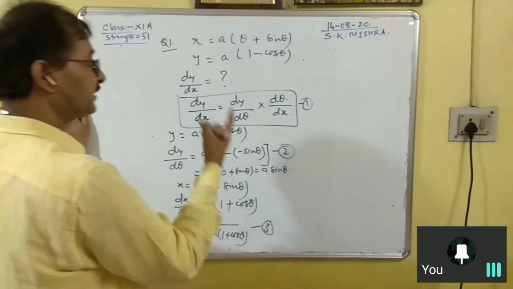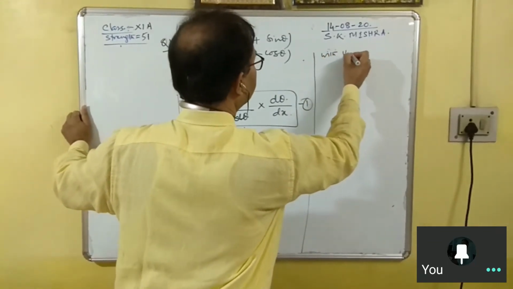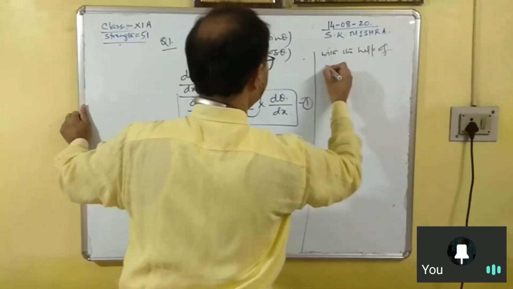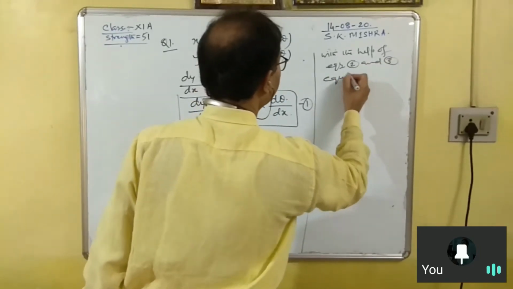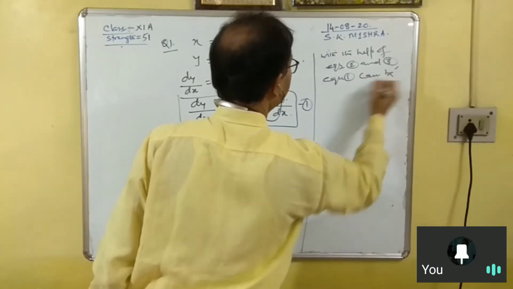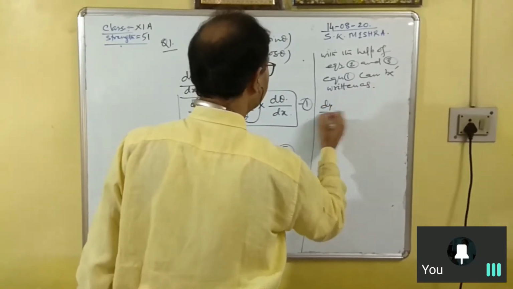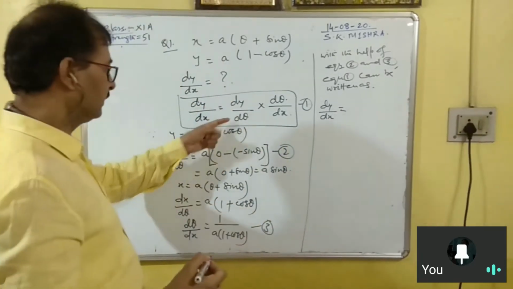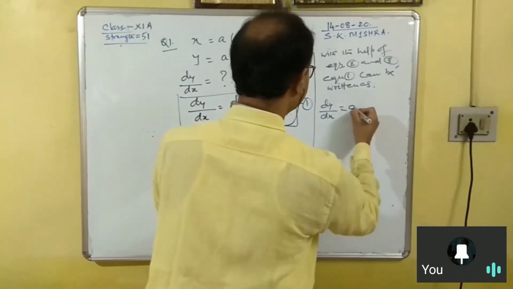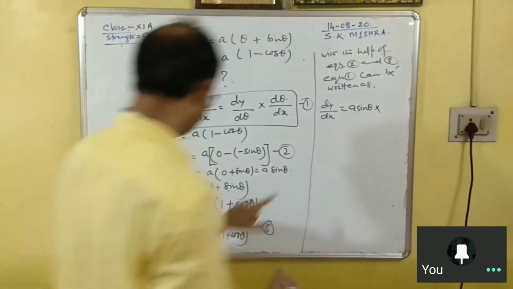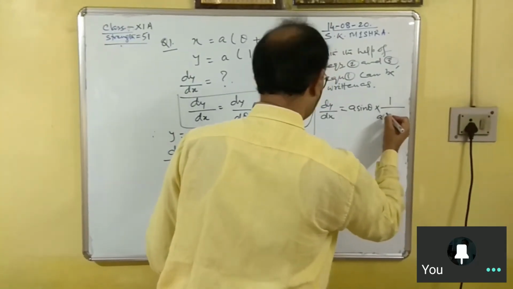So with the help of equation 2 and 3, equation 1 can be written as: dy by dx, which is dy by d theta, take it from equation 2, which is a sin theta, into d theta by dx, which is 1 by a(1 plus cos theta).